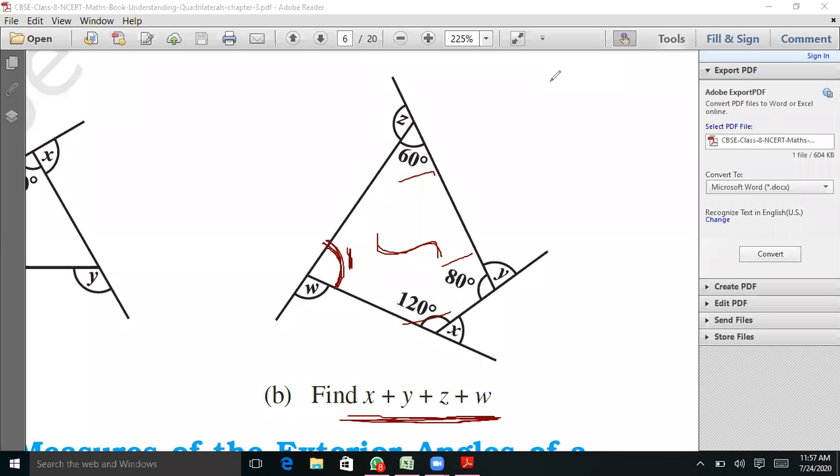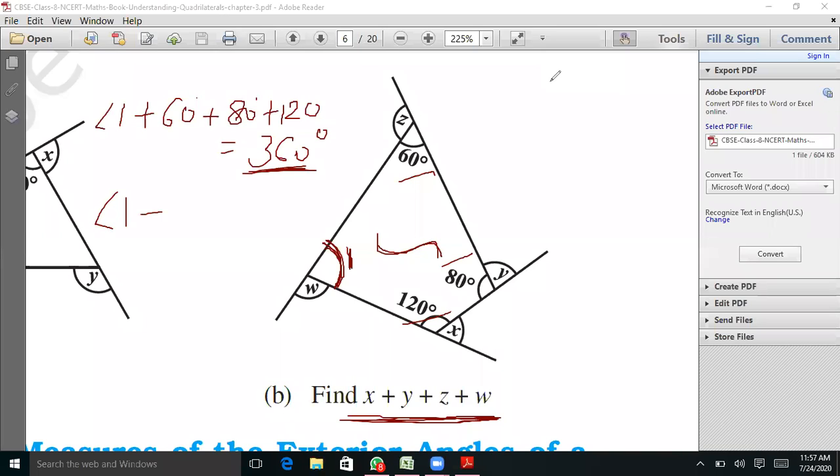We will use the angle sum property to find out this angle 1. How to do it? Angle 1 plus 60 plus 80 plus 120 is equal to 360 degree because it is a quadrilateral. So the sum of angles will be 360 degree.